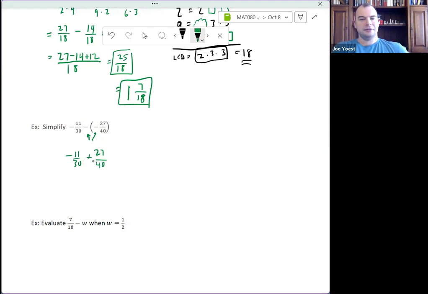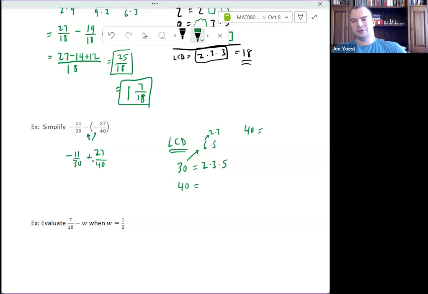Again, I have fractions with unlike denominators, so let me come over here and look for the least common denominator. I'll take my denominators 30 and 40 and get a prime factorization. 30 is 6 times 5, and 6 is 2 times 3, so 30 is 2 times 3 times 5.